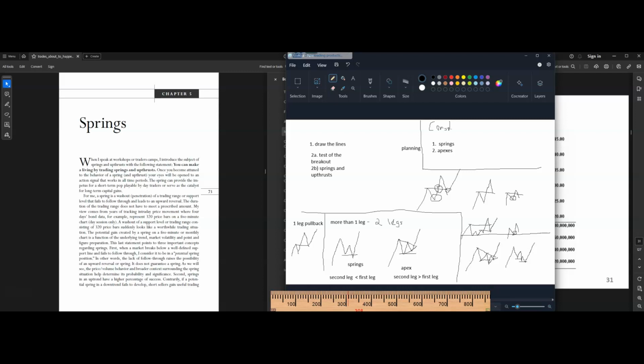If you have more than 1 leg, the low makes either a lower low or a higher low. And if you have 3 legs or 4 legs or 5 legs, it's always the case: either a lower low or a higher low. It's a binary outcome. So once you understand this, you'll see pullbacks and know exactly what to do and be very comfortable with them and know what to expect as well.